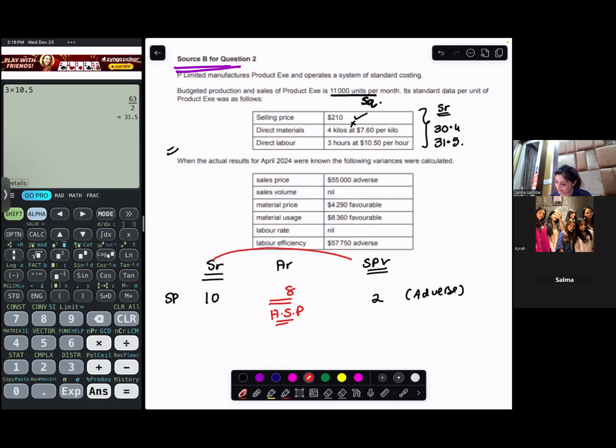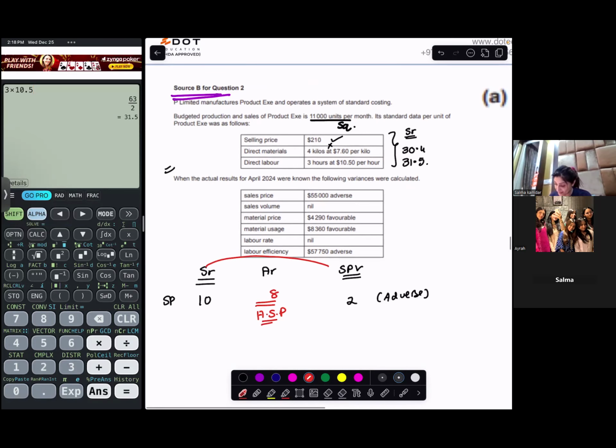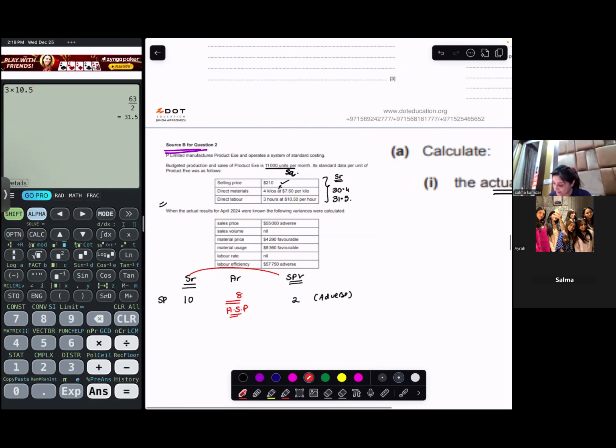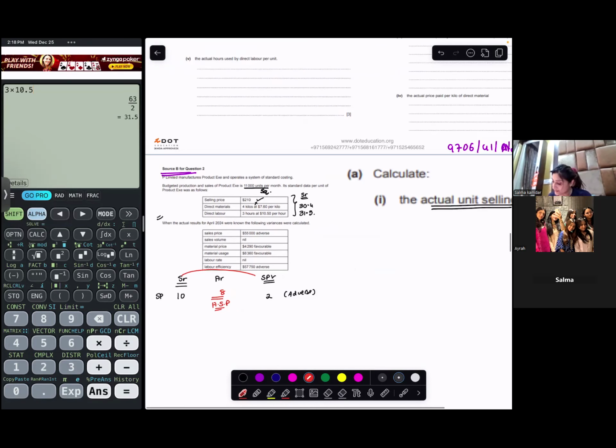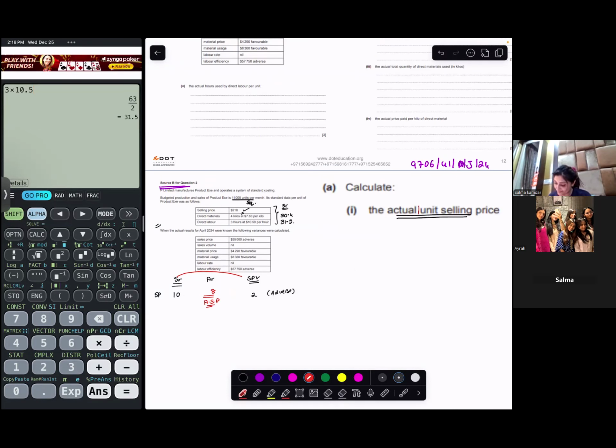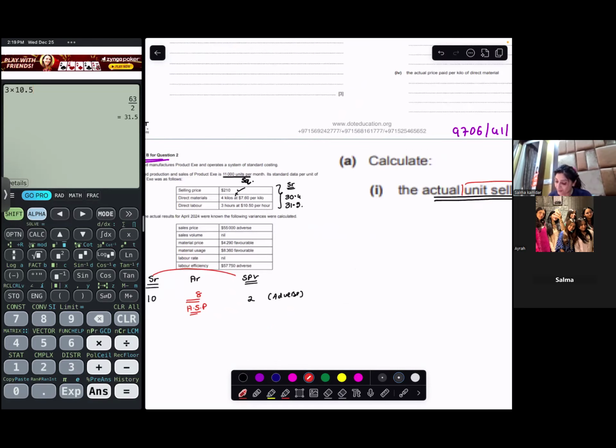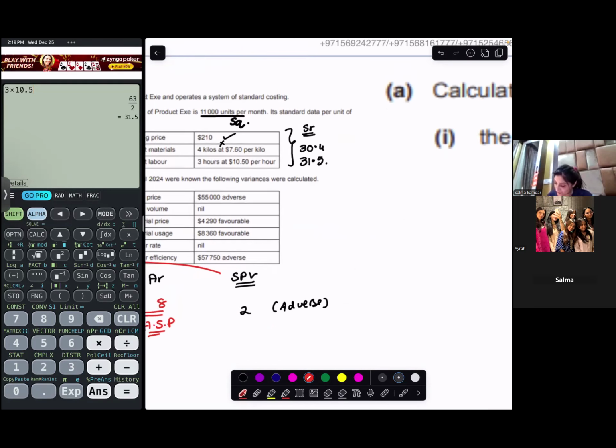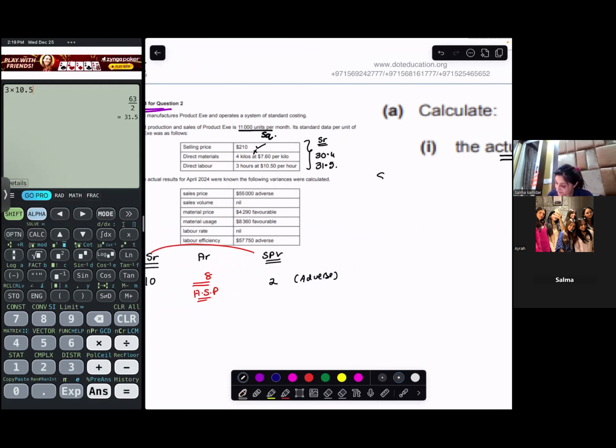Correct? Okay, fine. Now, if you look over here, I've been asked to calculate the unit selling price. I know my standard selling price is how much? It's 210. So my standard selling price is 210. This I know.